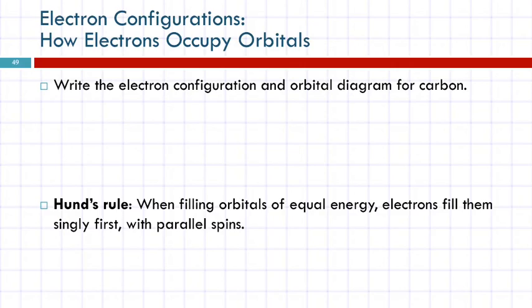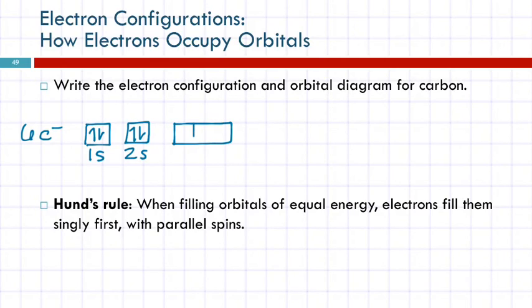So if we go to this, write the electron configuration and the orbital diagram. We've got 6 electrons for carbon. So we've got the 1s, and we can put 2 electrons in there. And then we've got the 2s, and we can put 2 electrons in there. And then for orbital diagrams, we represent the p orbitals as 3 boxes together, because there are 3 orbitals in this subshell, but they all have the same energy.